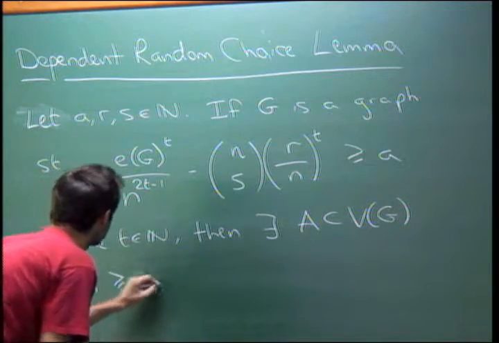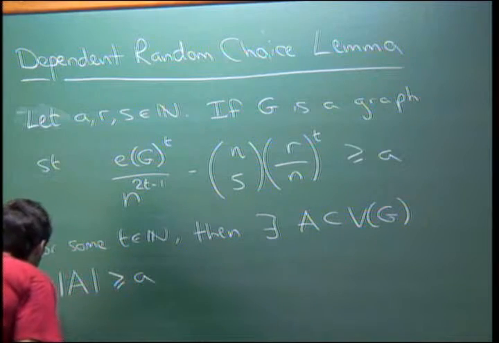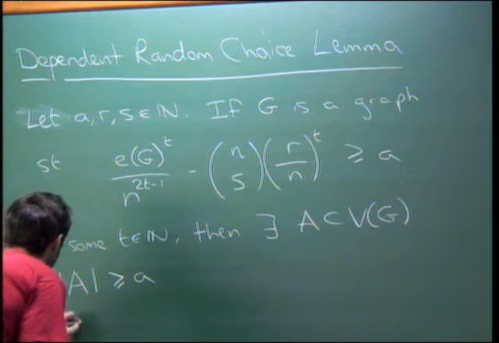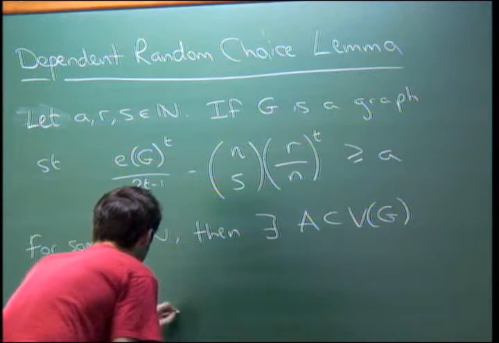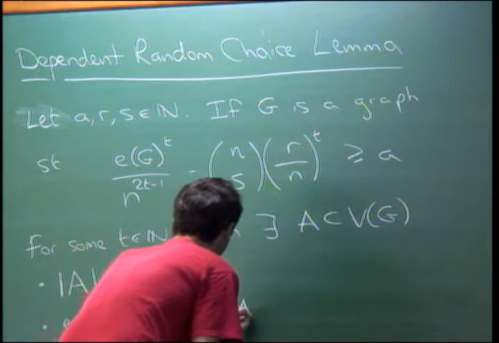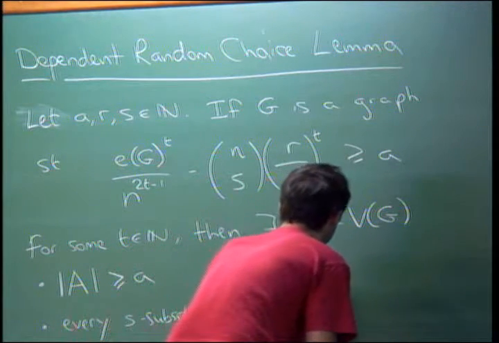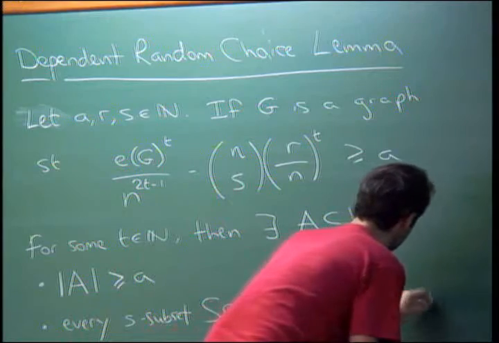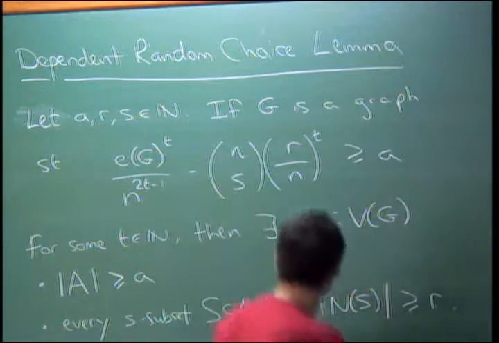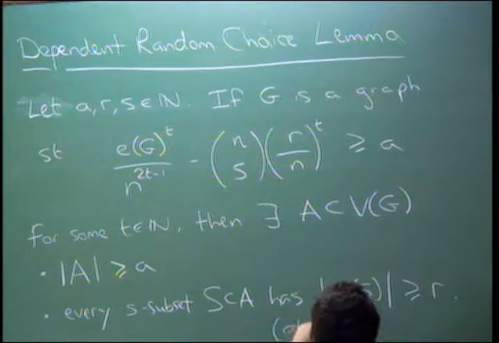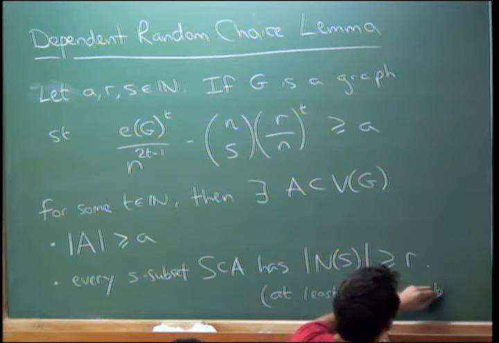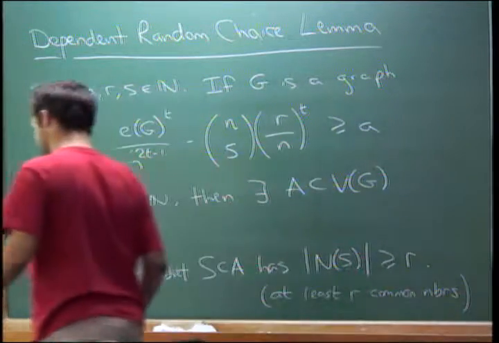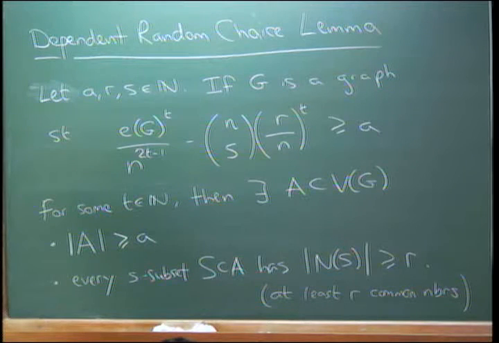The size of A is at least A, and every S subset of A has at least R common neighbors together, right? Hopefully.